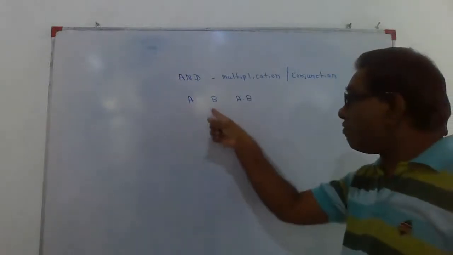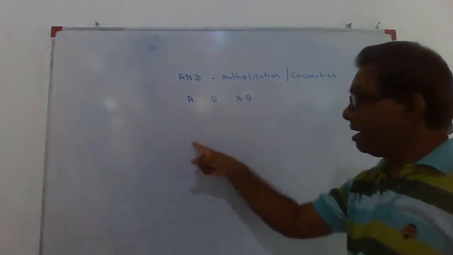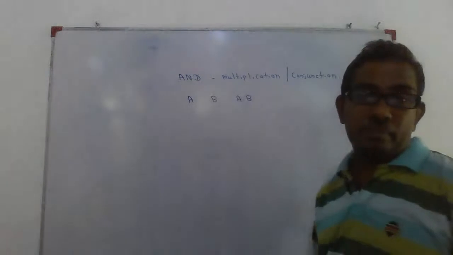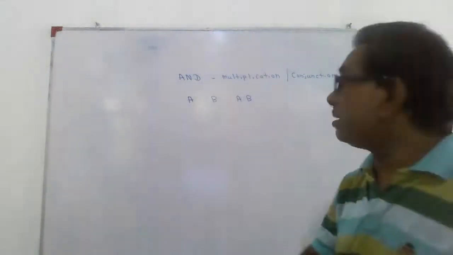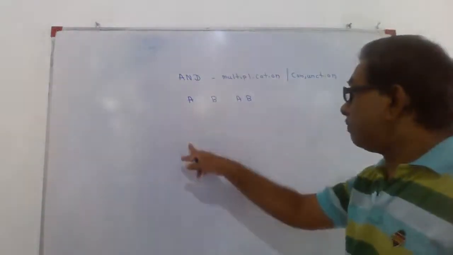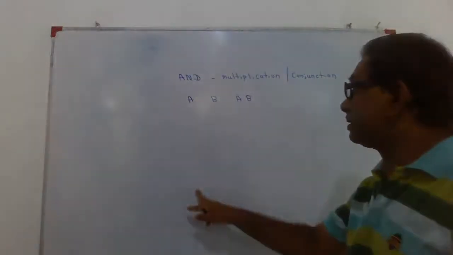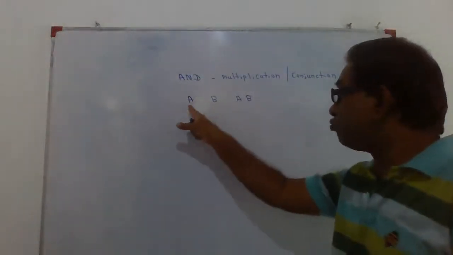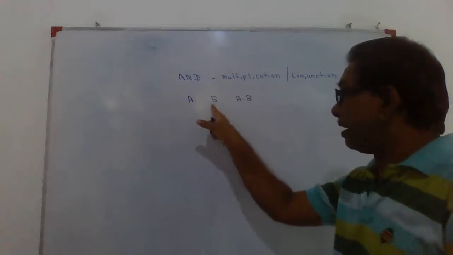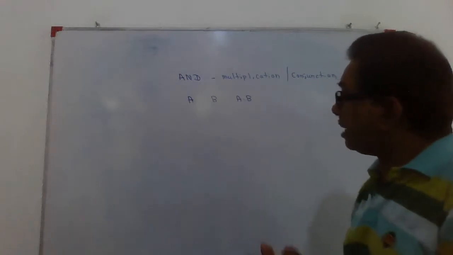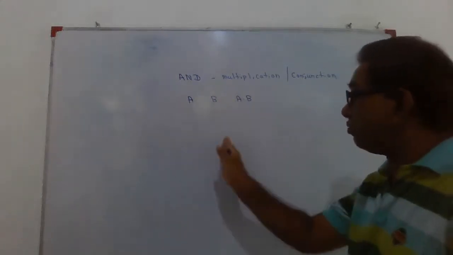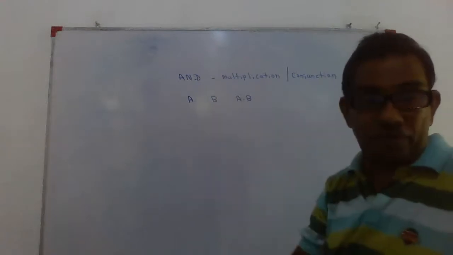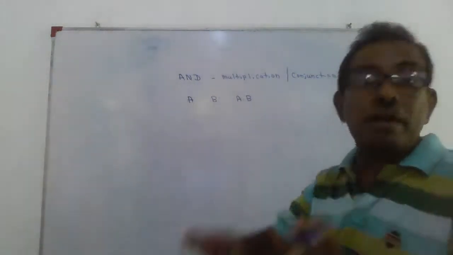Now, how can you understand A AND B? There may be 4 possibilities. The reason is there are 2 values. If there are 2 values, you take 2 to the power 2. It is 4. So then there are 4 combinations.